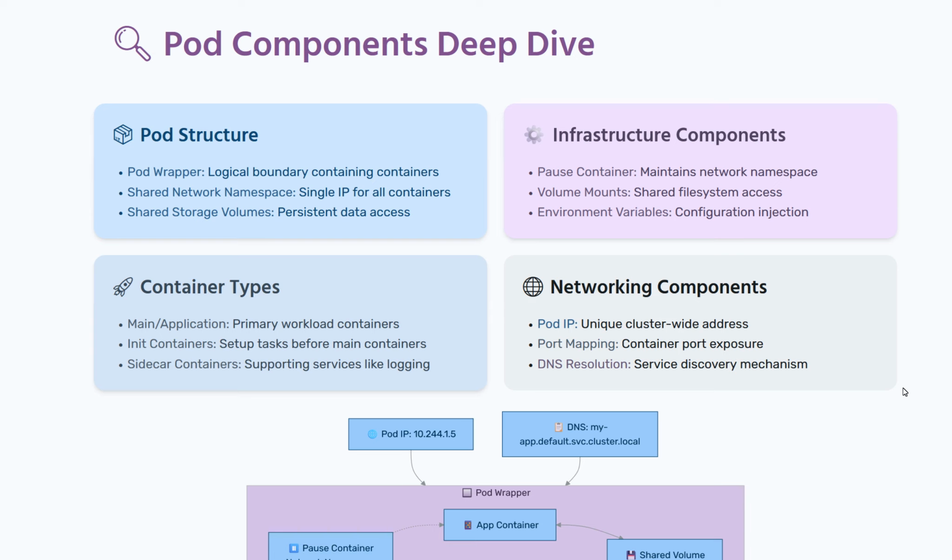I discussed the elements of Kubernetes clusters in my previous video, and we're just going to continue discussing this component a little bit more at a basic level. So today we're going to discuss the pod component, a deep dive, right?